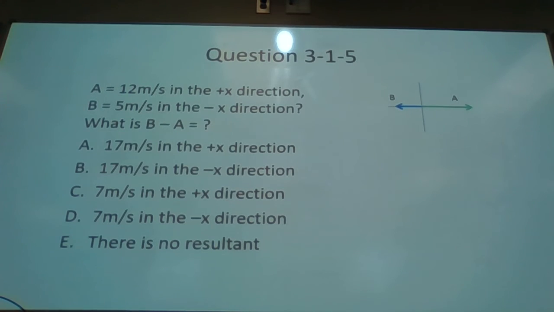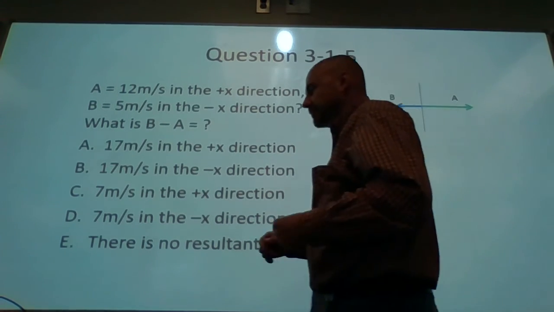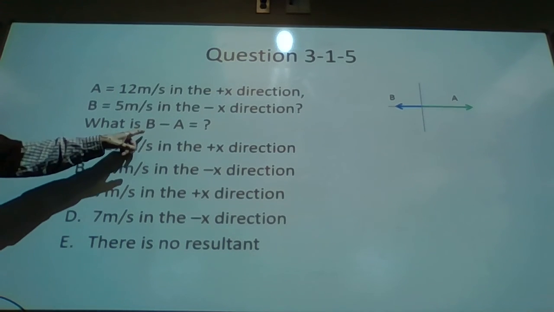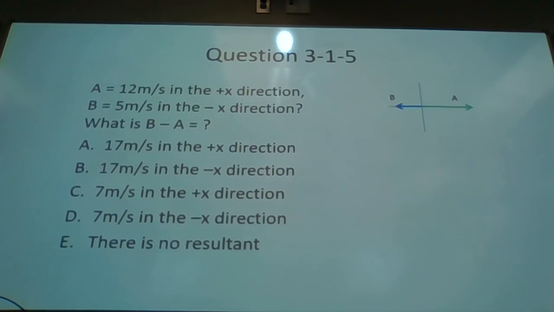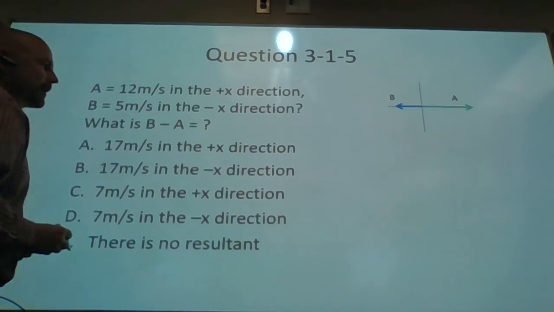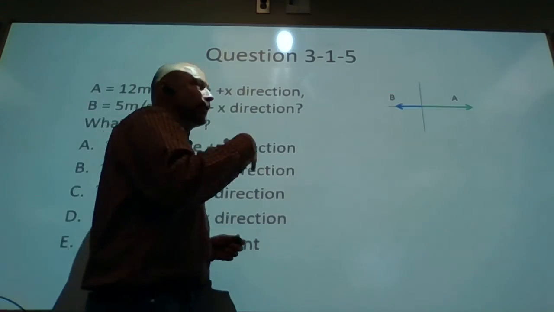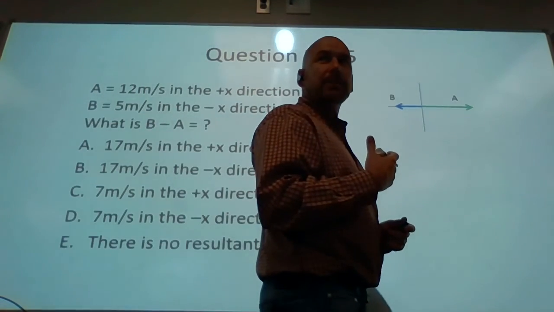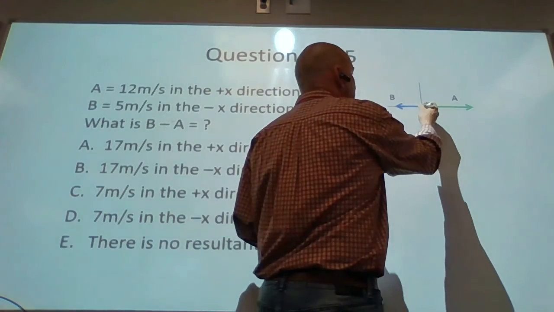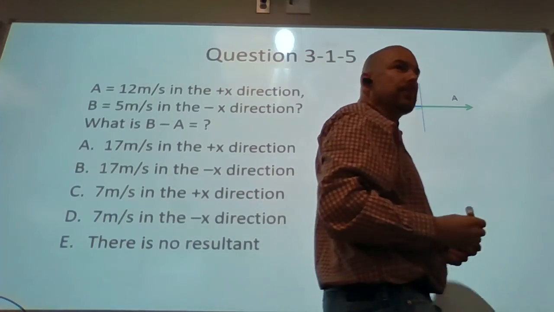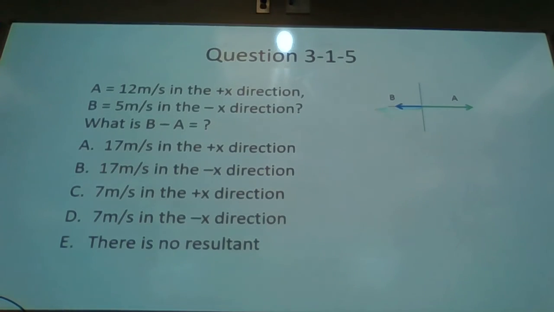Correct answer. Okay, so which one are we applying the negative to? A. There's plus and negative, so what do we do to vector A? We flip it 180 degrees. It goes in the opposite direction. So this becomes A to the left.